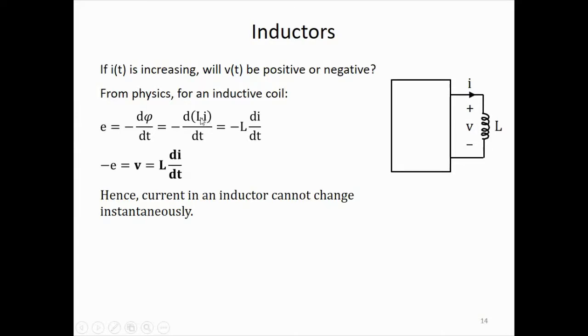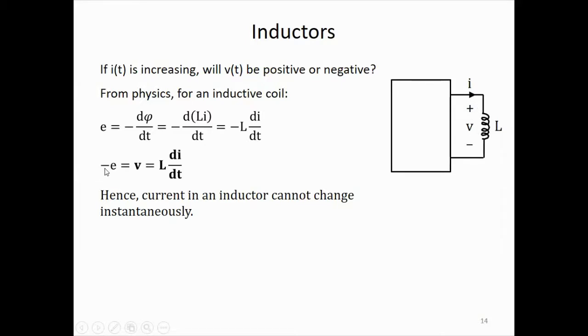We'll assume that L is a constant, so we get E equal to minus L di by dt. Now this is physics. This is what physicists do. What electrical engineers do is say, well, I will define the voltage V across the inductor as minus E.